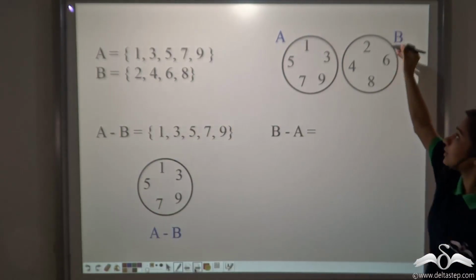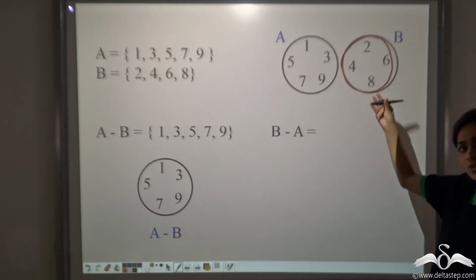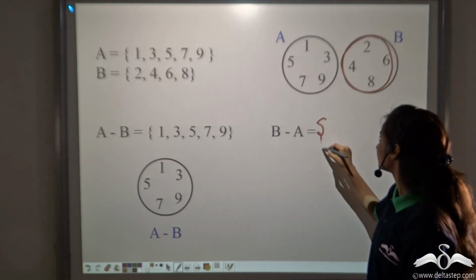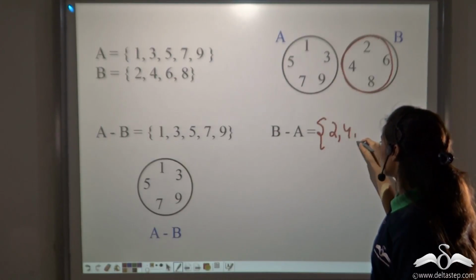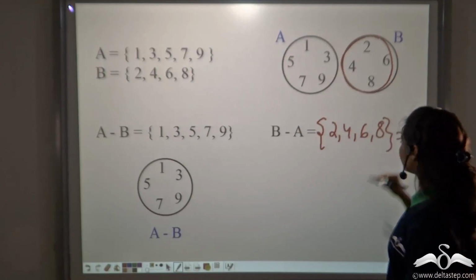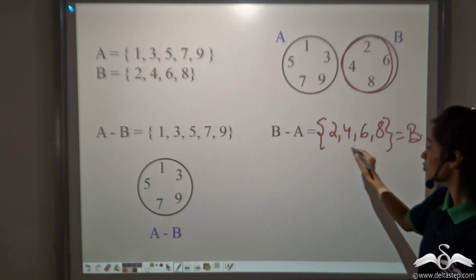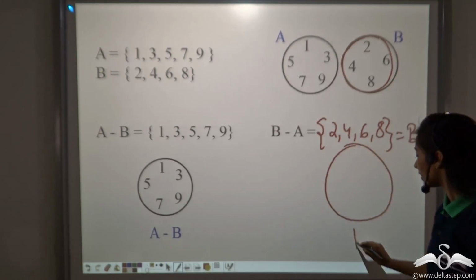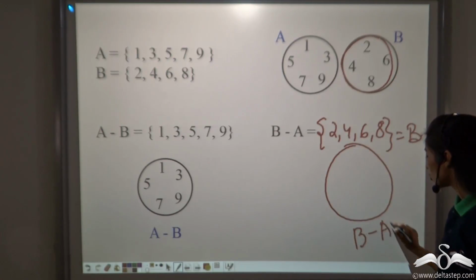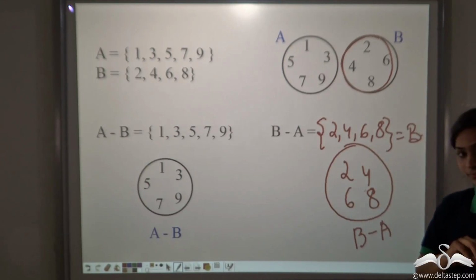Now these elements belong to B and do not belong to A. So straight away we'll write this. 2, 4, 6 and 8. That is the set B itself, because there is no element common to A and B both. So making the Venn diagram of B minus A will give you 2, 4, 6 and 8.